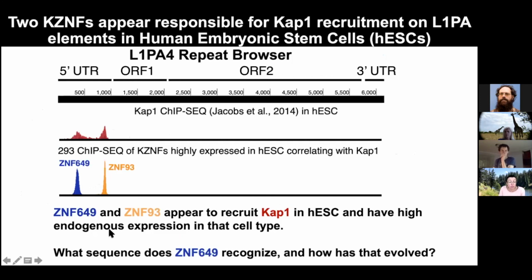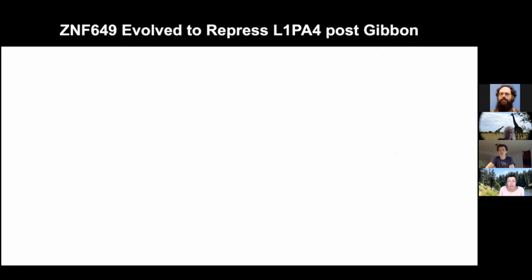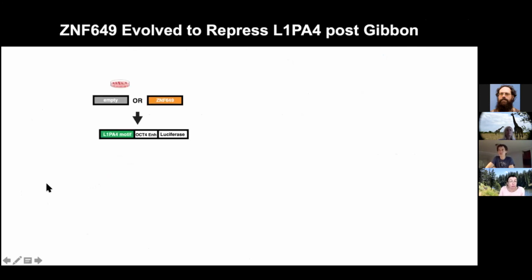And so then the next question, we already looked at this for ZNF93: how does ZNF649 recognize DNA, and how has that evolved? One of the ways we look at this is by using the motif we've identified using the repeat browser analysis to generate a reporter in which we put that segment upstream of a luciferase reporter, and we look at the ability of introducing ZNF649.